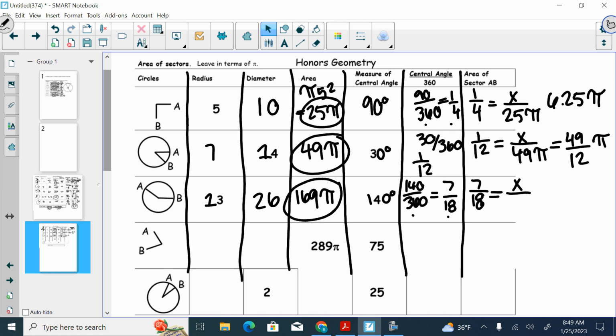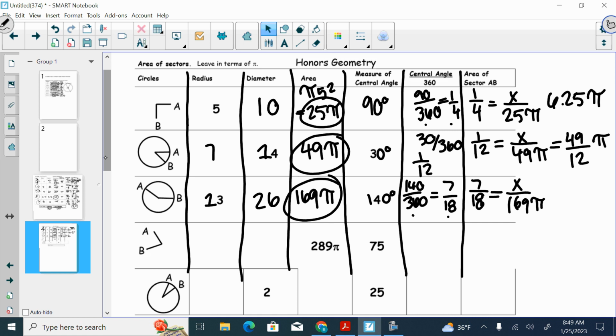Over that area, which was 169 pi. Okay, so we have that 169 times 7 divided by 18.